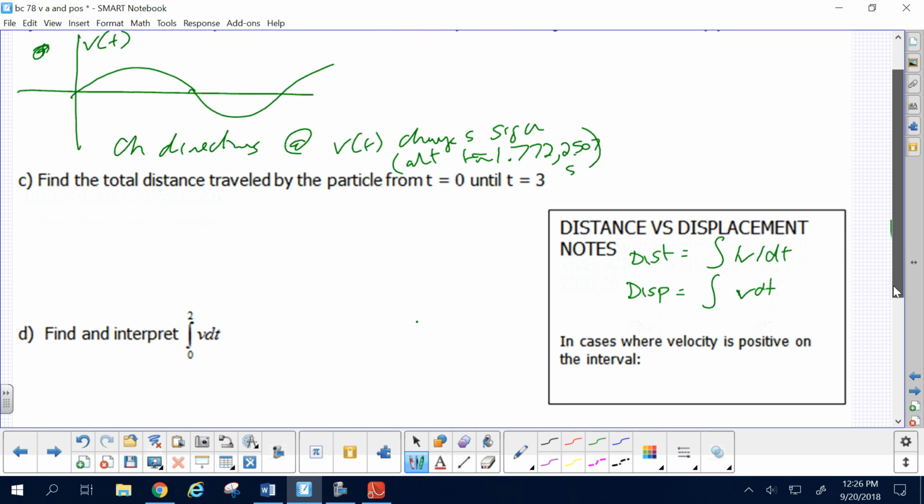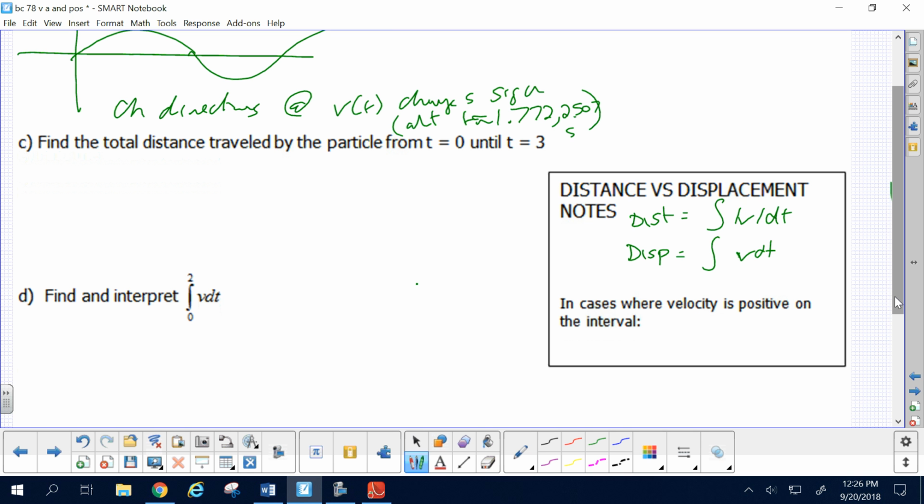All right, this is another gotcha on the AP Calculus test. Imagine I had a graph where the velocity was always positive from time 0 to time 5, and I threw an integral of this at it. What is it? It's distance and displacement. If the velocity is positive, what's the difference between absolute value of v and normal v? None, it's the same.